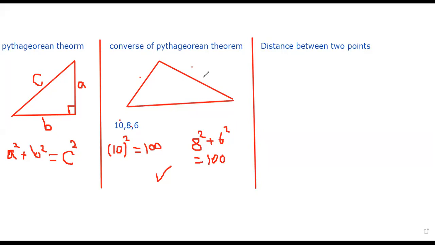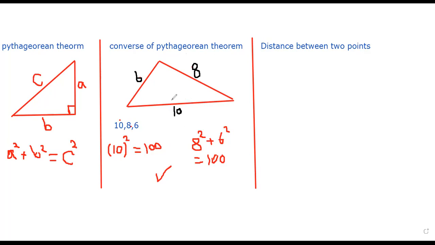You can decide which one is the hypotenuse. The hypotenuse is the longest side in the right triangle, right? So this is the longest side, so I have to put 10 here. And for the other sides, the order is not important. I can put 6, and the other one I'm going to put 8. If the square of the hypotenuse equals the sum of the squares of the other two sides, the triangle is right.